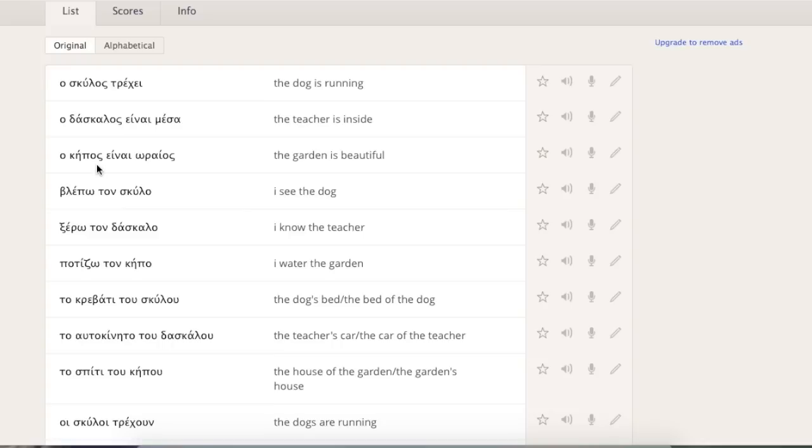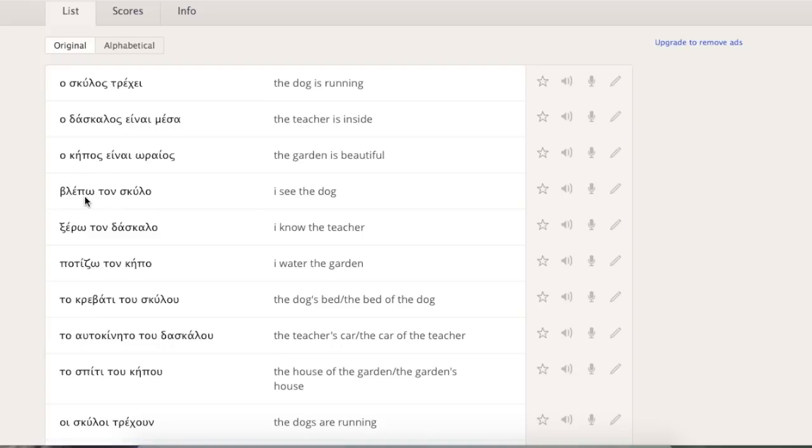Okay, so what happens if the dog, the teacher, and the garden are not subjects but are objects? So the opposite. They don't do an action, they receive an action. And usually these words, objects, come after the verb. Βλέπω, I see, τον σκύλο, the dog. So how do I find the object?